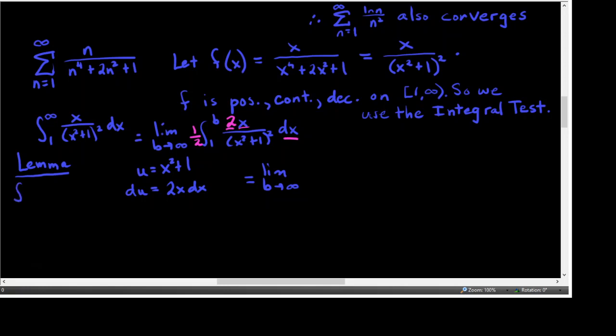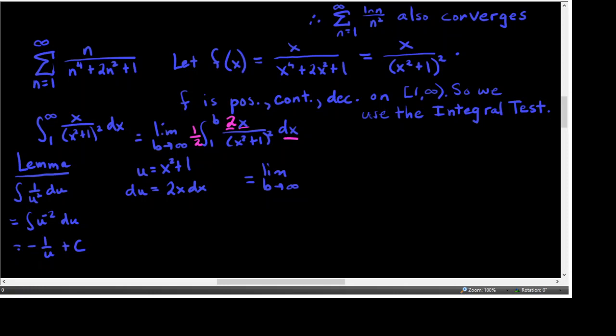So the 2x dx is my du, and the x squared plus 1 is my u. And that's the integral of u to the negative 2 du, which is u to the negative 1 over negative 1, negative 1 over u plus c.